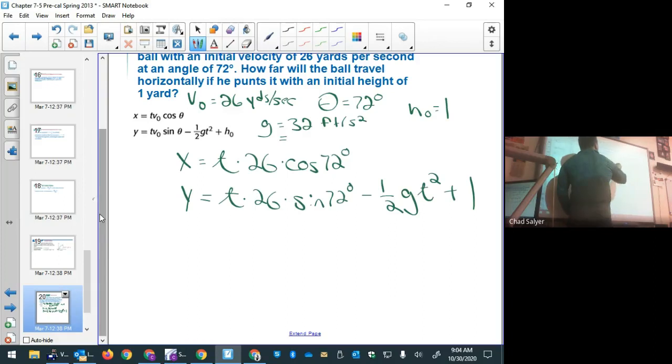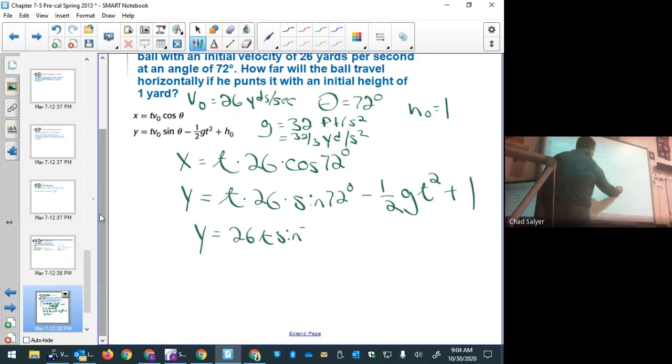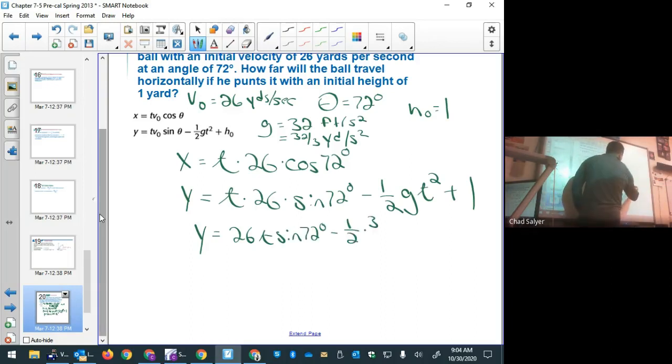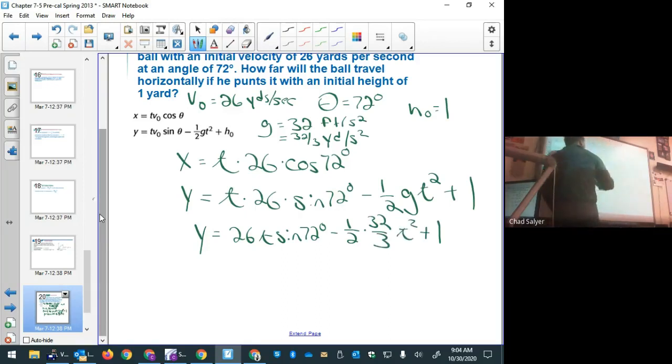If I divide that by 3, it's now in yards per second squared. So 32 over 3 is what I need to put in there. And I'm not going to bother to simplify that any further because I feel like we've had enough mathematics for today. Maybe too much.